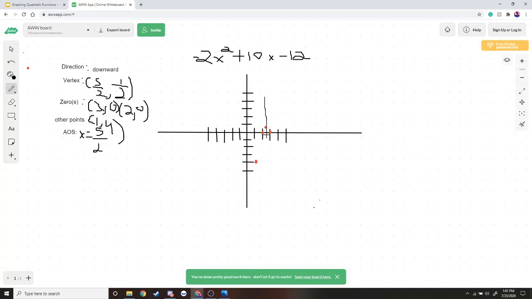So let's say our axis of symmetry is like this, and it's 1.5 away from the axis of symmetry over here. Then it's going to be 1.5 units away from the axis of symmetry on the right side. So 0.5, 1.